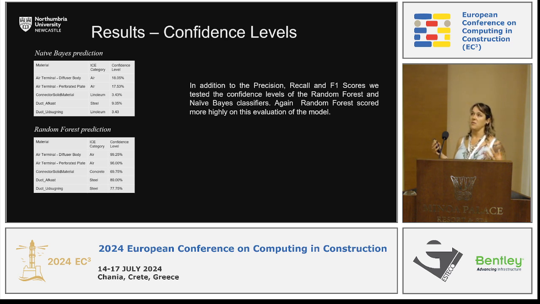The confidence level says, okay, you predicted that item to be that thing, but how confident am I that you are actually right in what you predicted there? When we tested the confidence level, we found that naive Bayes performed really poorly. You can see 18% a low score, 3% a really low score. So we weren't confident at all that those naive Bayes predictions were accurate at all, really.